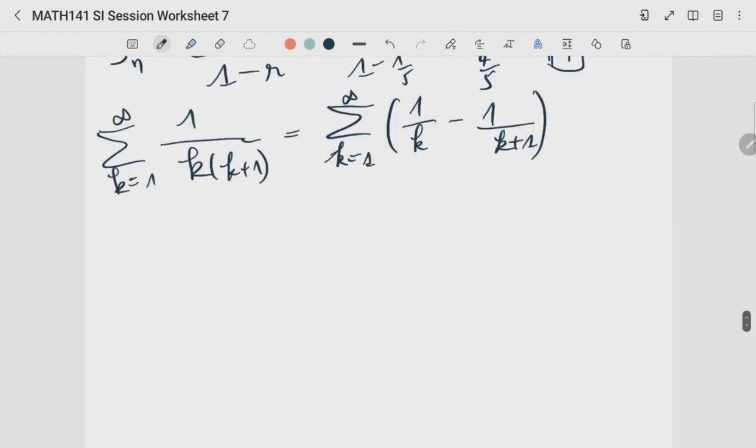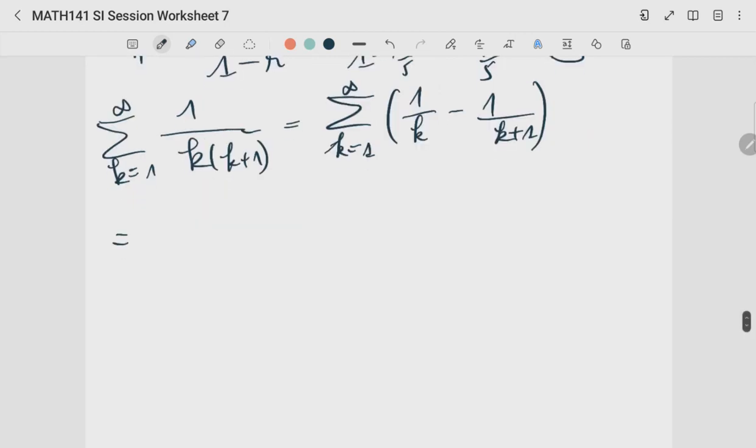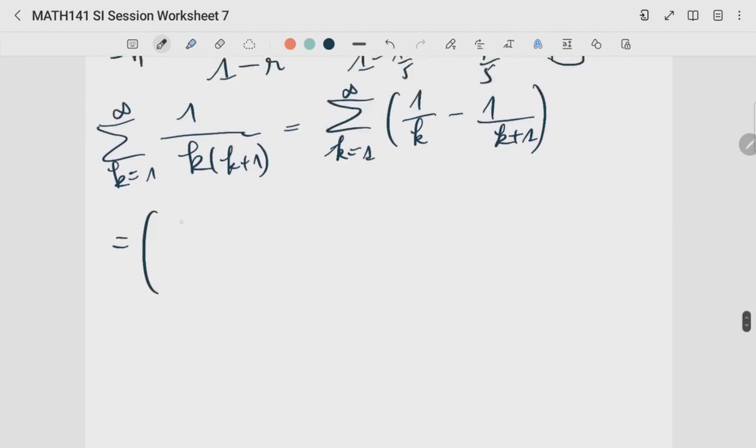Right. And immediately, since you have that, what is the sum equal to? Well, we have to look at how the terms change. The first term is 1 minus 1/2. The second term is 1/2 minus 1/3.